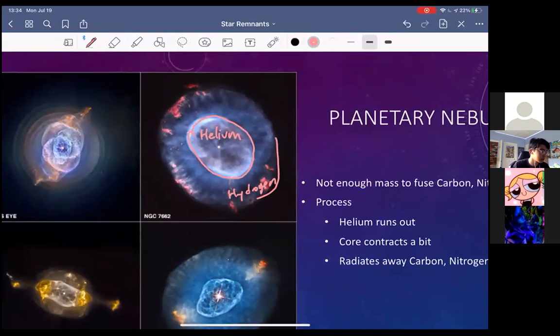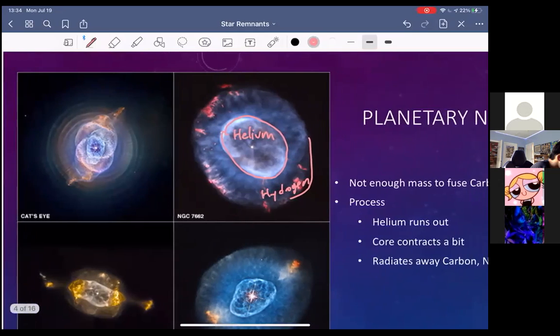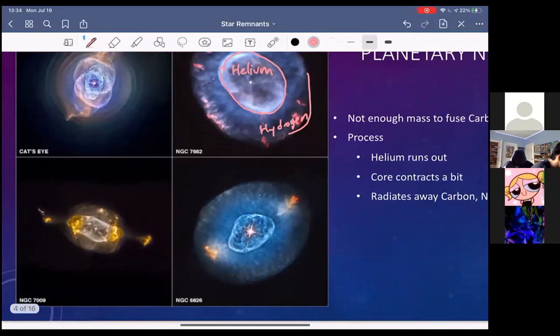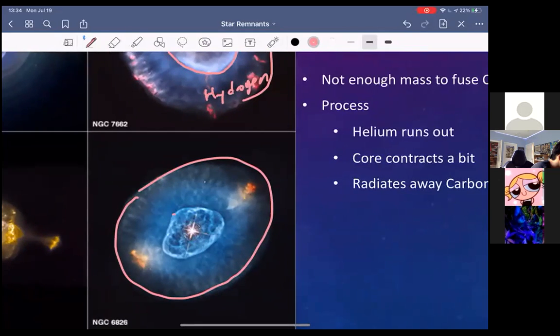So these are the two layers of burning, basically. You can see similar things inside this nebula as well. Two distinct layers, which, if you imagine a star were to just expand, then you would see these layers. Again, this is the helium layer, this is the hydrogen layer.